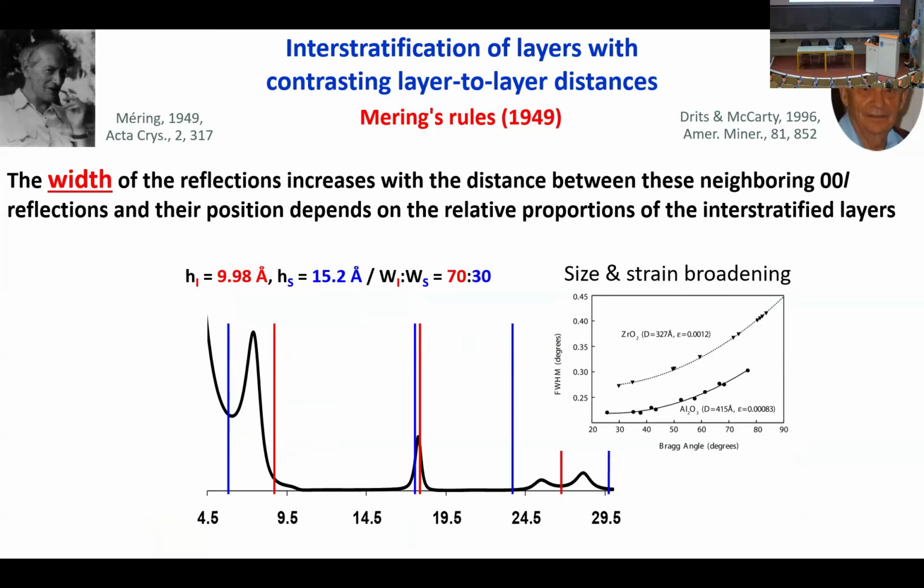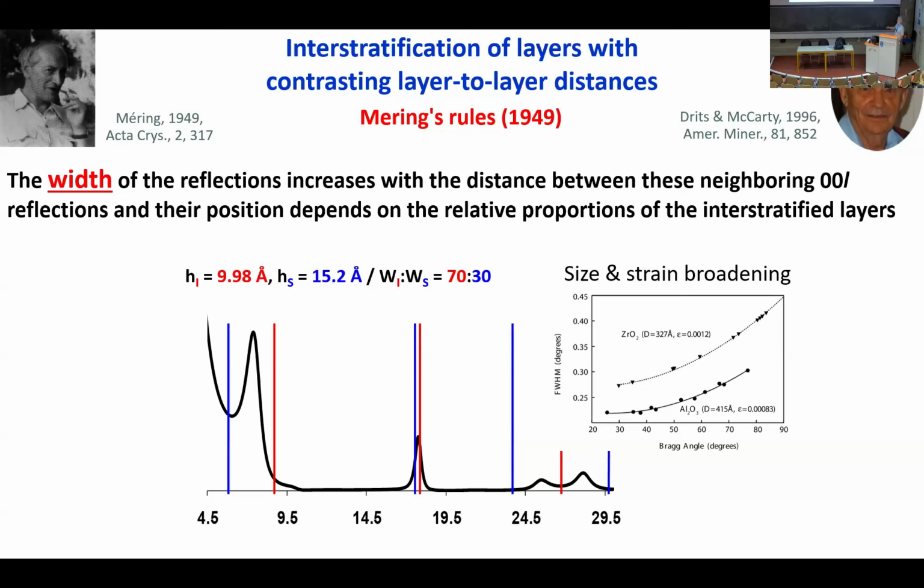Another very specific character of diffraction patterns coming from these interstratified structures is that you see here that I have a broad peak, sharp peak, broad peak, broad peak, which is something completely different from what you expect from size and strain broadening, where you expect a steady increase of broadening as a function of diffraction angle, as a function of cos theta and tangent theta, but roughly a steady increase.